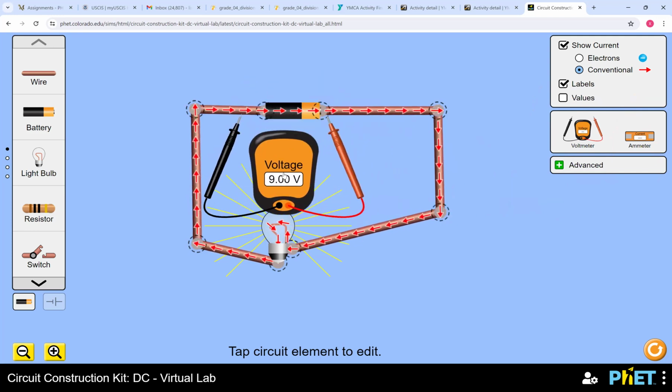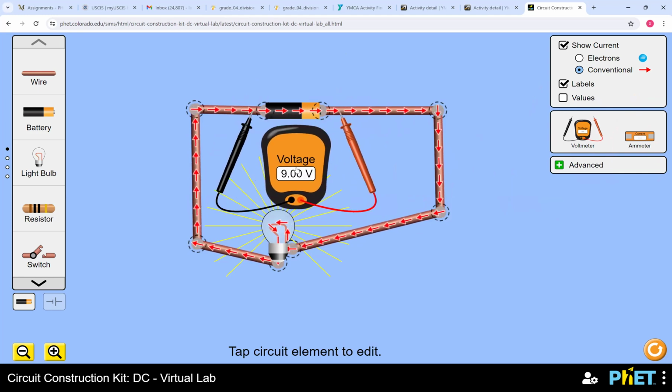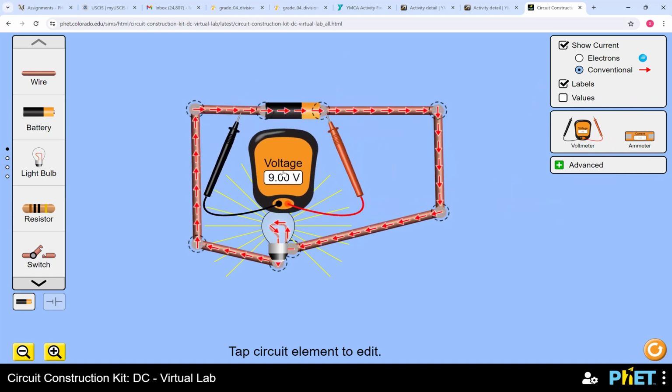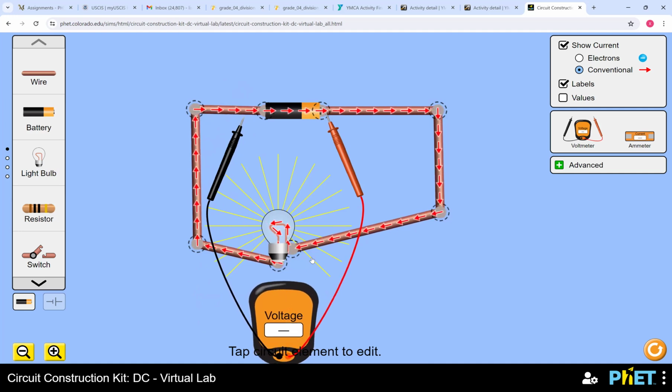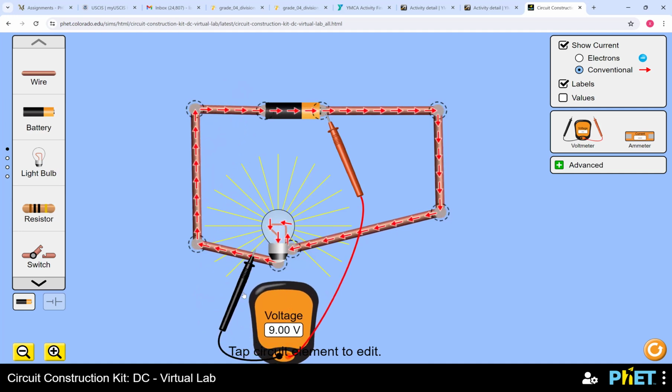So you are going to put your voltmeter. I'm going to put it here. This lead can move. We are going to measure the voltage across the resistor.